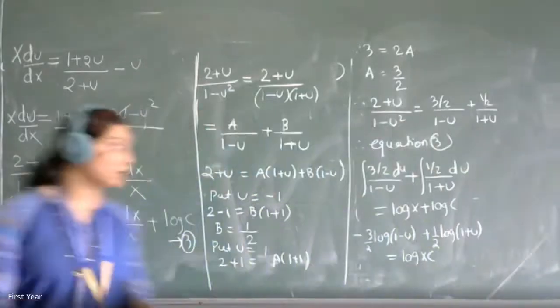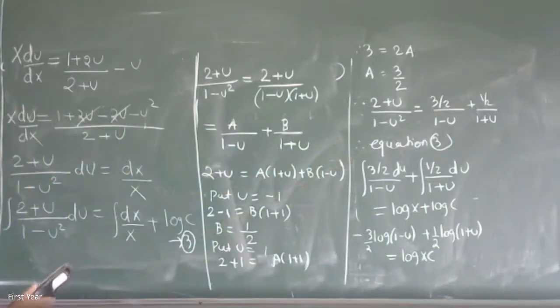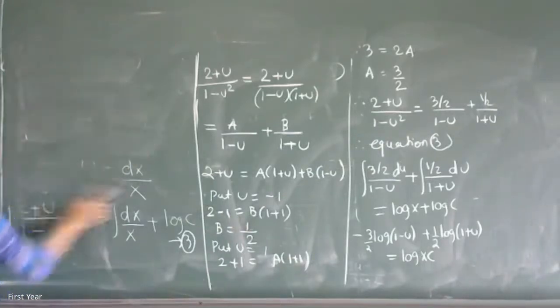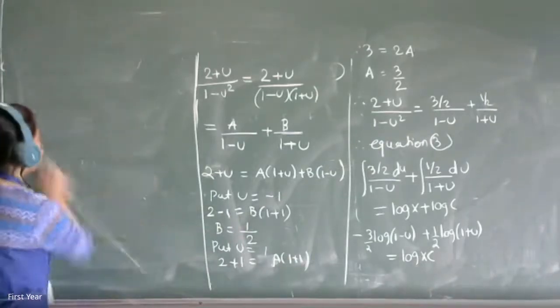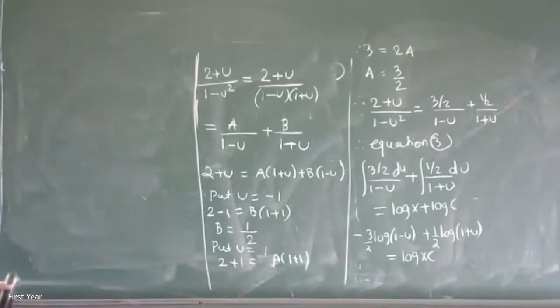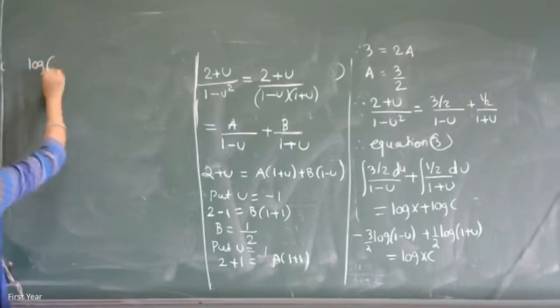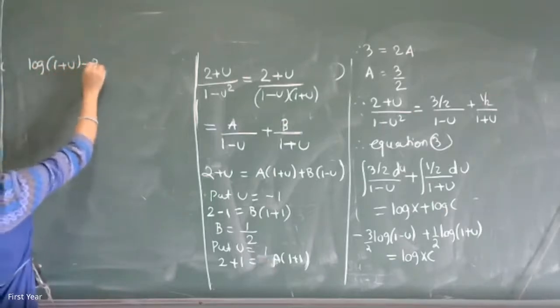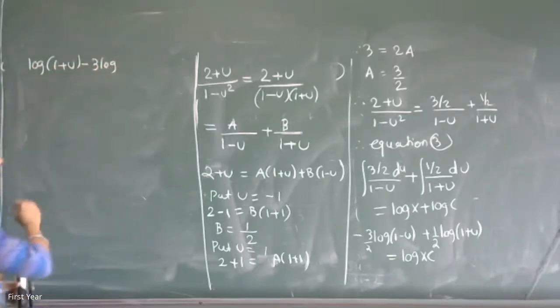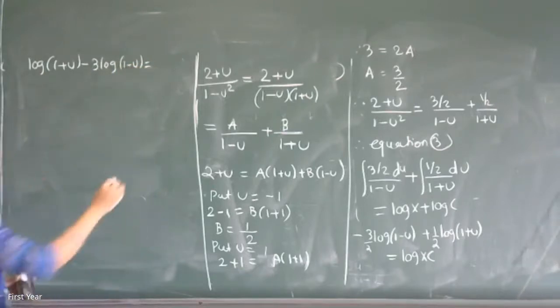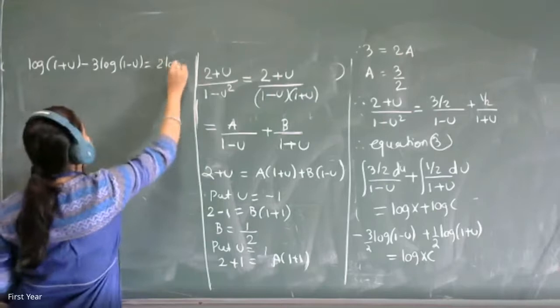Still, we have to back substitute the value of u, back substitute the value of x, that will give us the final answer. So 1 by 2 log of 1 plus u minus 3 by 2 log of 1 minus u is equal to log of xc. I am taking that 2 on the other side, 2 log of xc.